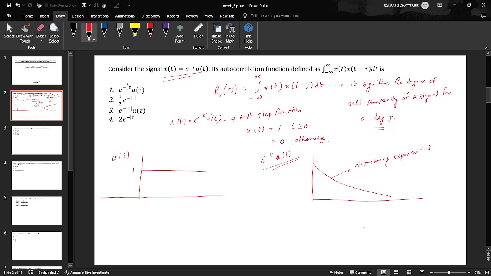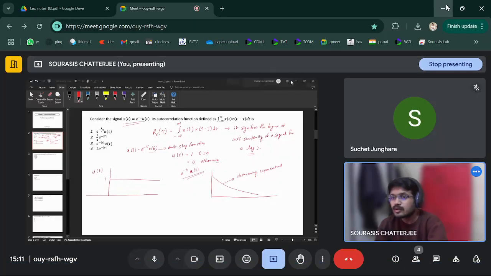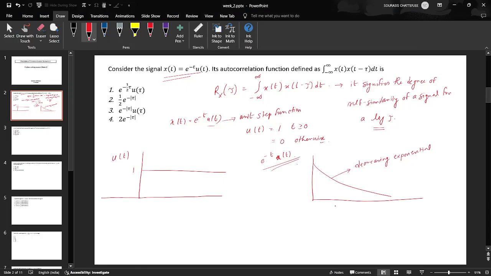Now when we say that we need to find its autocorrelation function, what we basically need to do is pick a shifted version of this signal. So what do I exactly mean by that? Let's consider this lag tau.